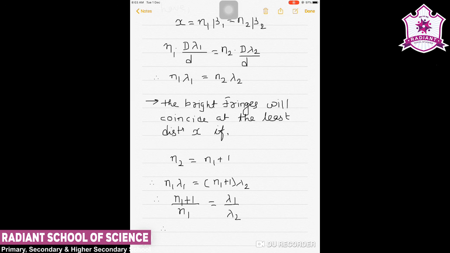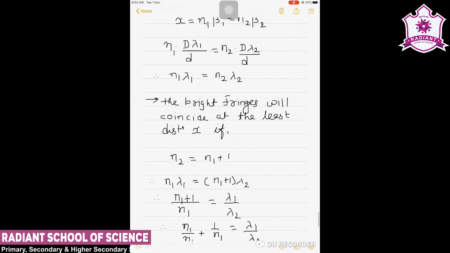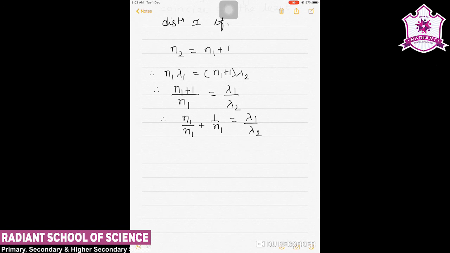Now this will give us n1 by n1 plus 1 by n1 is equal to lambda 1 over lambda 2. So we can simplify this equation. When we simplify, we get 1 plus 1 over n1 is equal to lambda 1 upon lambda 2.